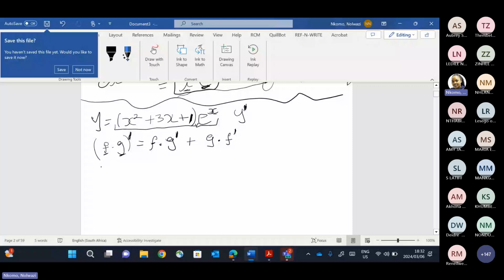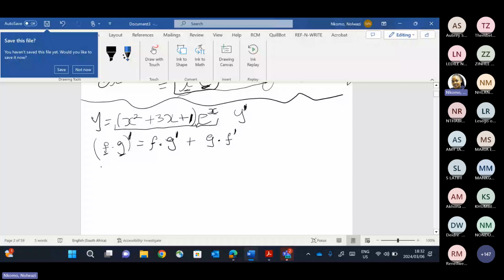Rule 4 says the derivative of f plus g. Then rule 5, the derivative of f minus g. Then rule 7 says the derivative of f times g. We have f times g, f plus g, f minus g.